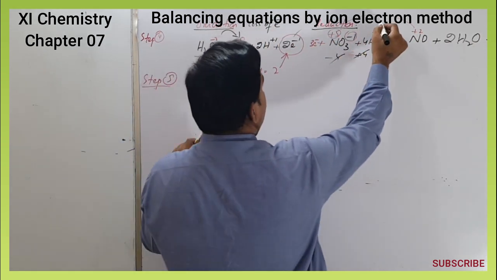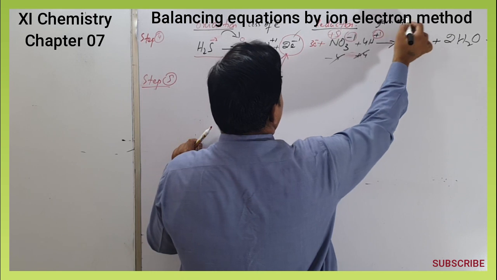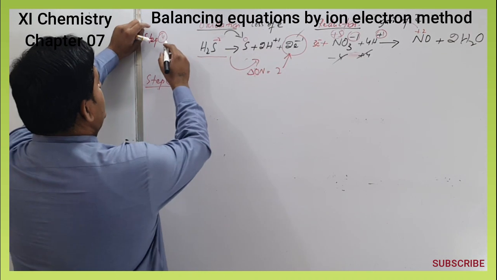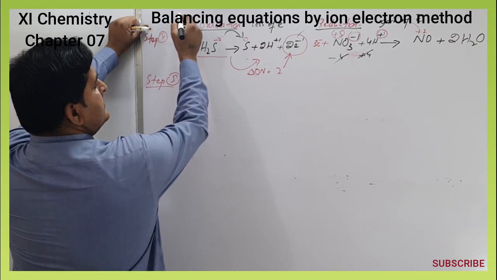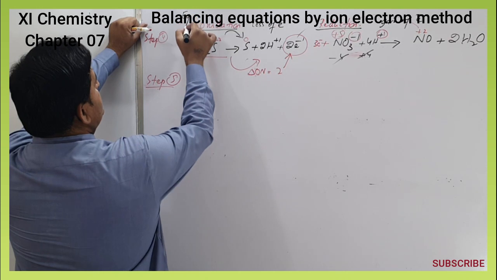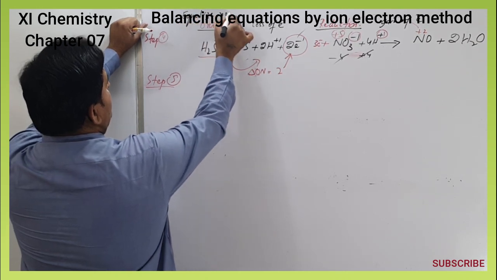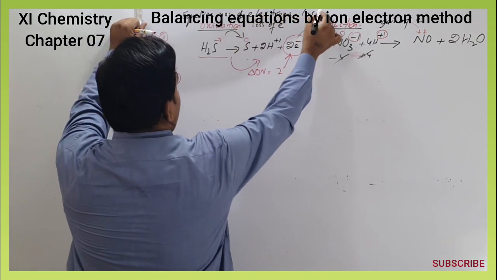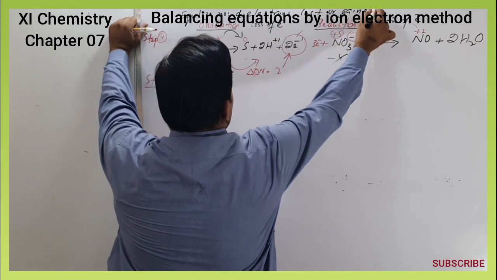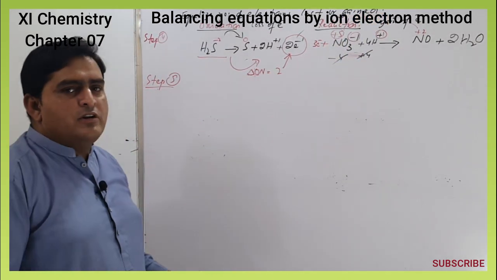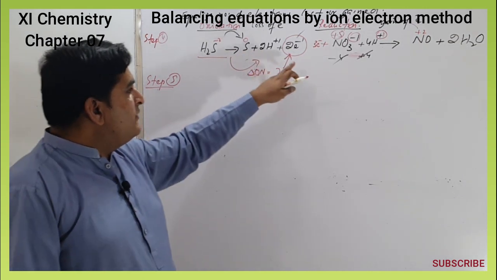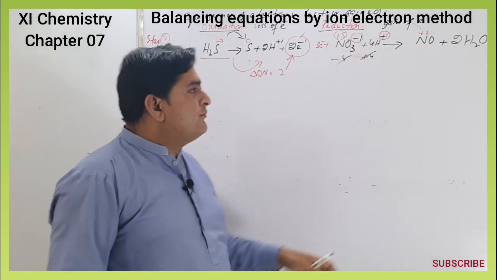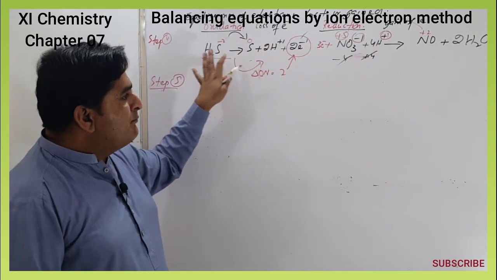This is reduction, and reduction means gain of electrons. So the statement of this rule is: equalize the number of electrons lost or gained, that is, how many electrons have been lost by a substance or gained by a substance. In the case of sulfur, it has lost 2 electrons. In the case of nitrogen, it has gained 3 electrons. So we have to mention these electrons on both the reactant and product sides.